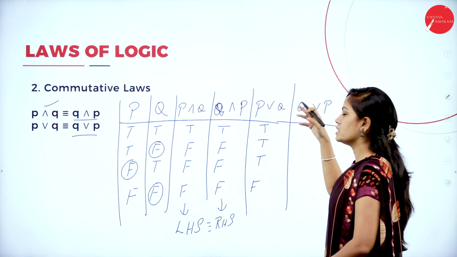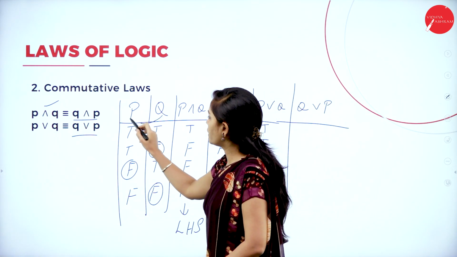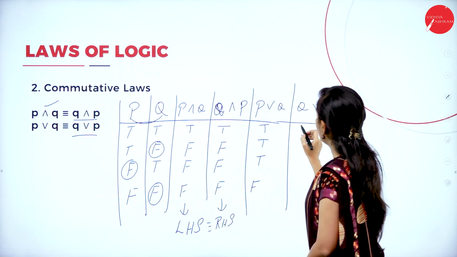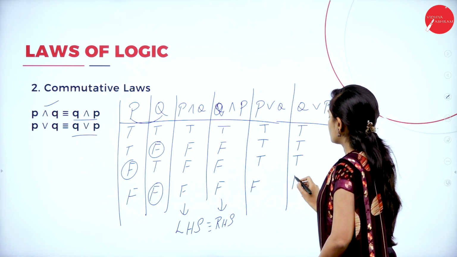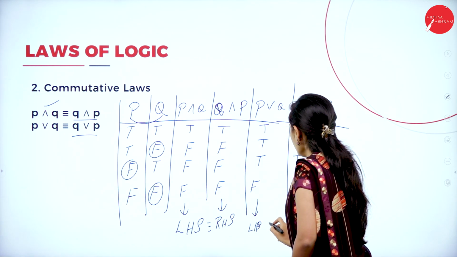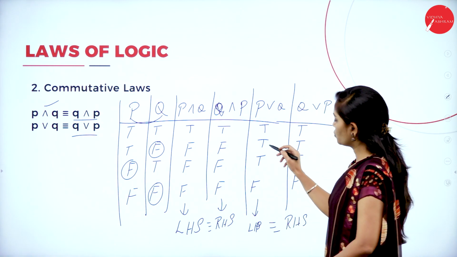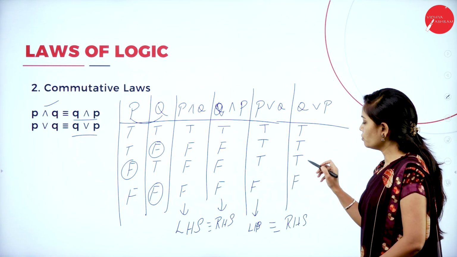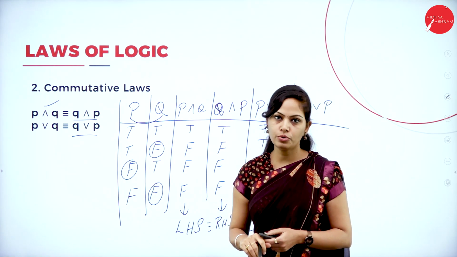So again you will get the same truth values for Q or P. True, true is true, true, false is true, false, true is true, false, false is false. So this is LHS and this is RHS. So both are equal, right? True, true, true, false. True, true, true, false. So both are equivalent. So this is our commutative law.